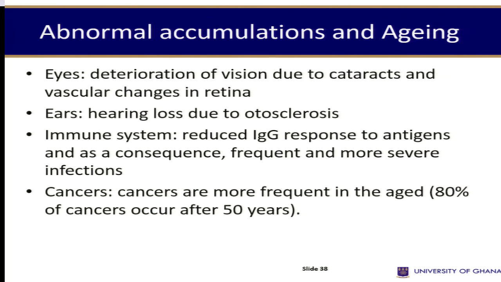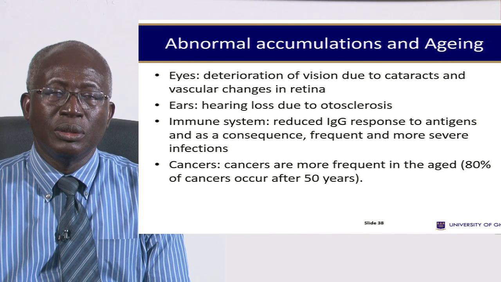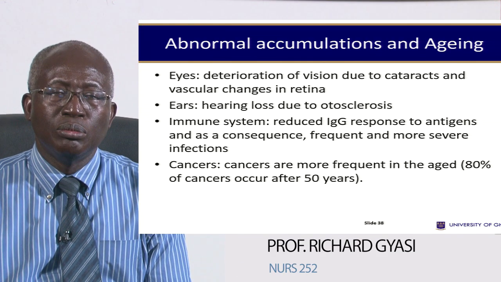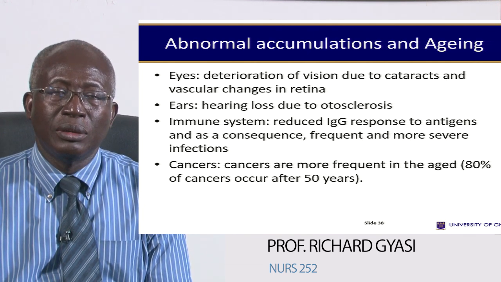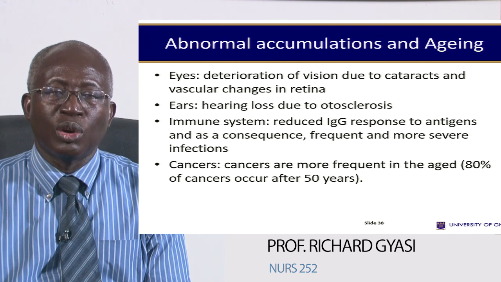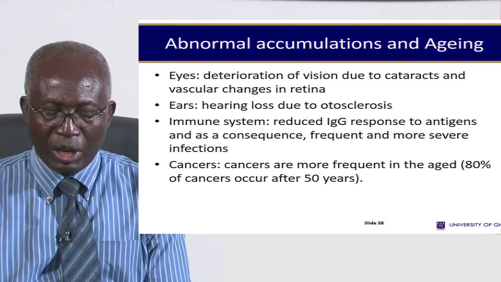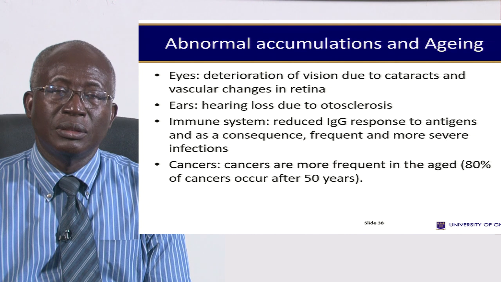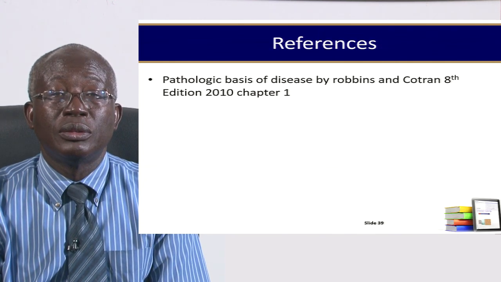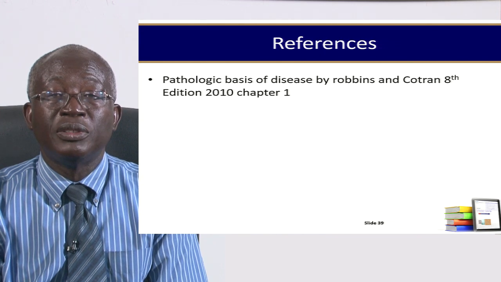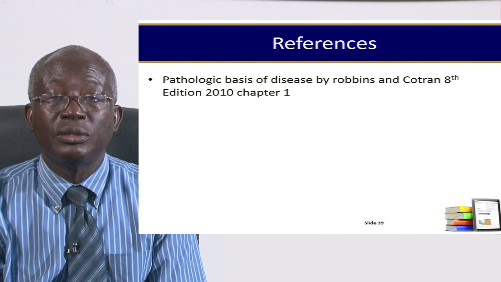In the eyes, cataracts form, and there are vascular changes in the retina. Hearing loss occurs, the immune system fails, and people become more prone to cancers. 80% of cancers occur after 50 years. So cancer is related to aging. The reference for this session is Pathologic Basis of Disease by Robbins and Cotran, 8th edition, chapter 1.